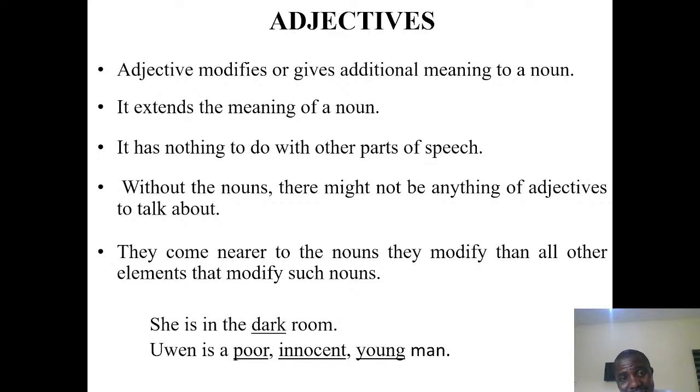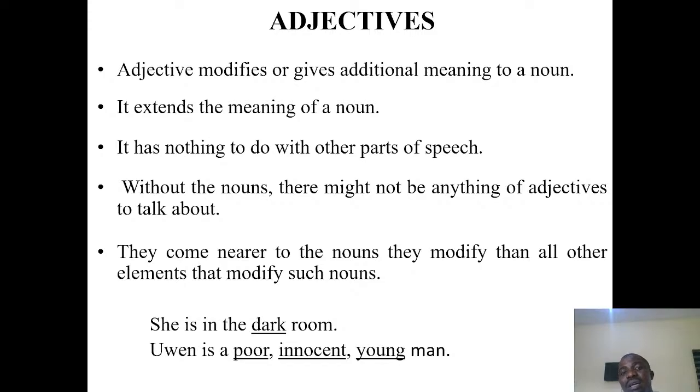For instance, in the sentence, she is in the dark room, the word the is a determiner. So it is wrong for us to say she is in dark the room. Adjectives will always come closer to the noun than any other word. The is modifying the room. Dark is modifying the room. The is a determiner.